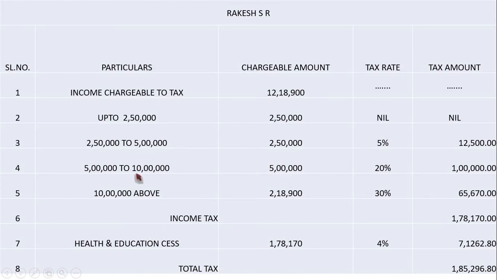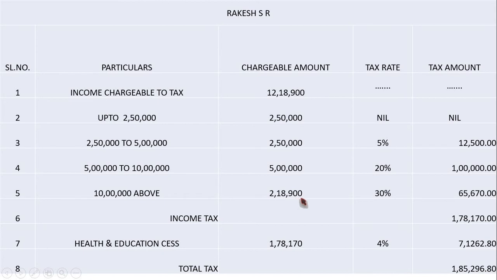So 5,00,000 to 10,00,000, that is 5,00,000, 20%, 1,00,000. So 12,18,900 minus 10,00,000, remaining balance is 2,18,900. That is 30%. So above 10,00,000, income tax slab rate is 30%.